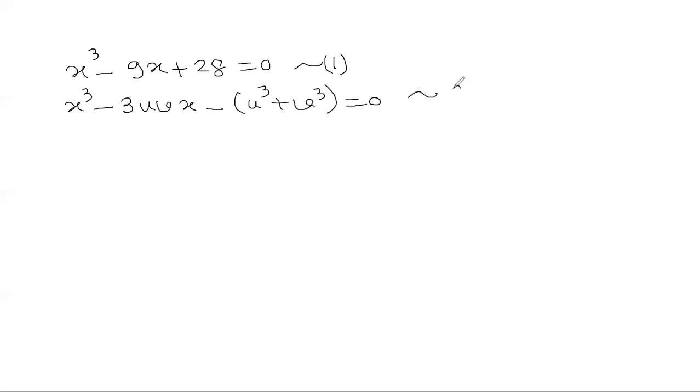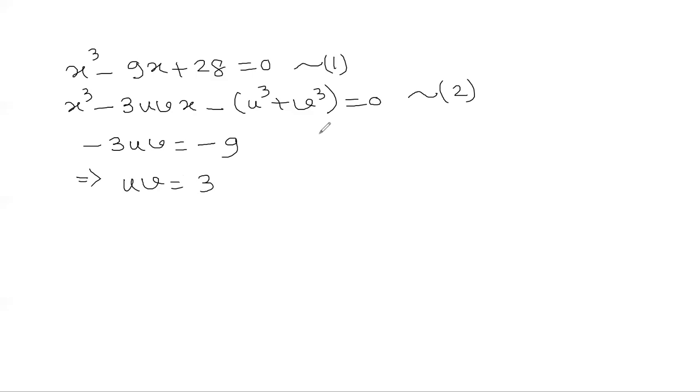If you compare the coefficient of x in both the equations, it is minus 3uv equal to minus 9. So from here you will get uv is equal to 3.